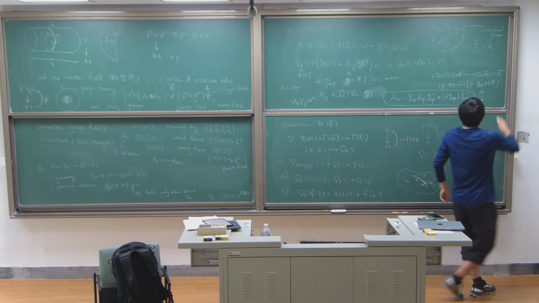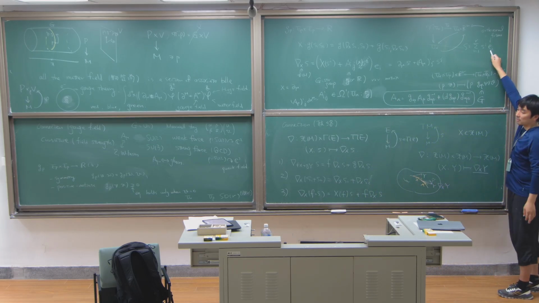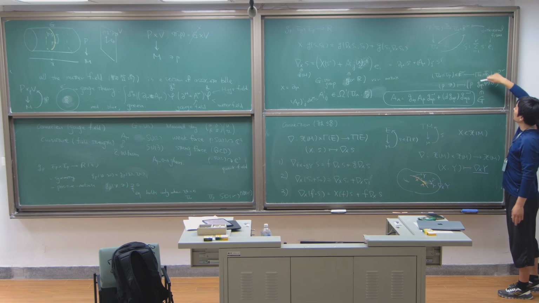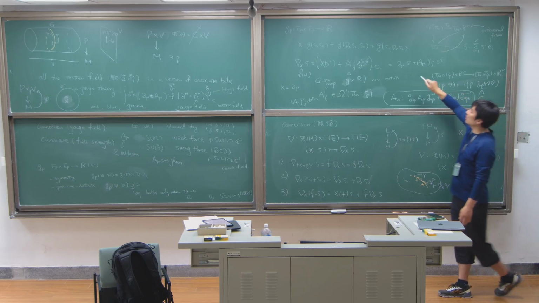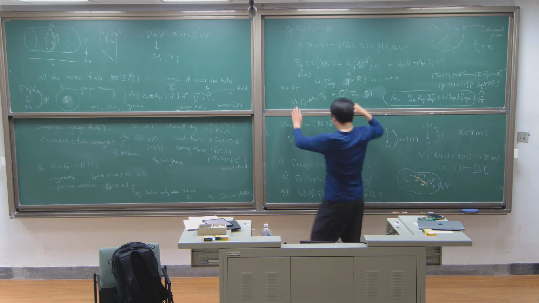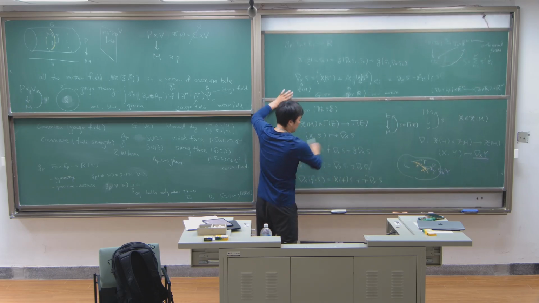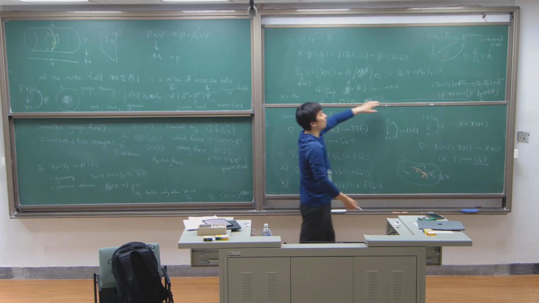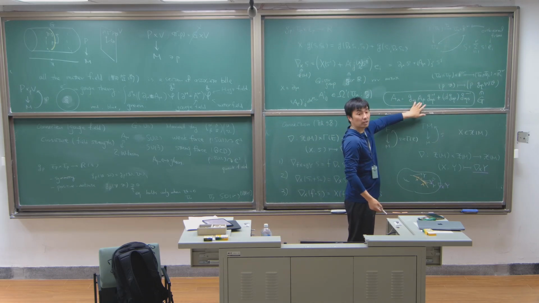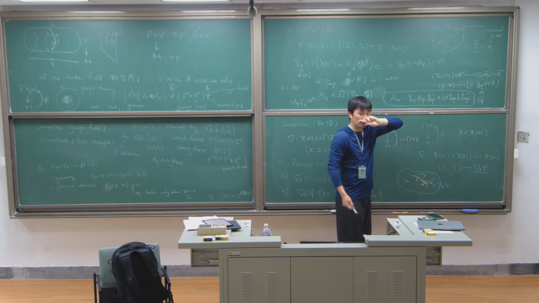Because in here we take E as a basis of the fiber, and then we know how basis E_i is mapped to the other basis in the other trivialization. Using this transformation and this property, one can derive explicitly this gauge transformation.